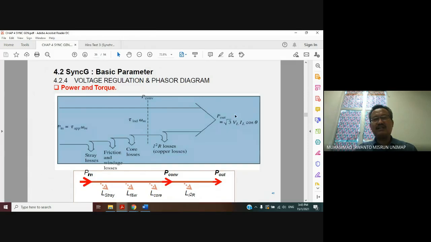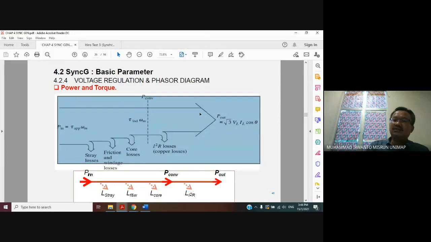During the operation, there are some types of losses: stray losses, friction and windage losses, core losses, I squared R losses. Now so efficiency is always P output over P input. Output power divided by input power multiplied by 100%.